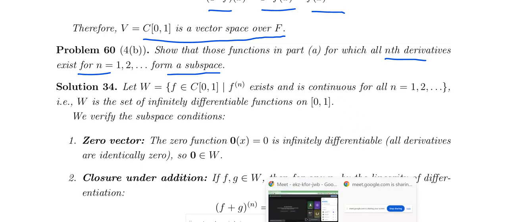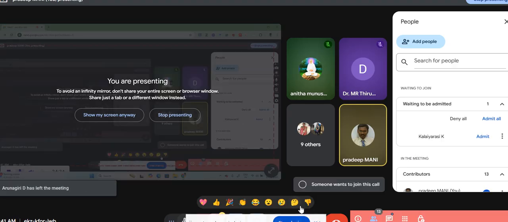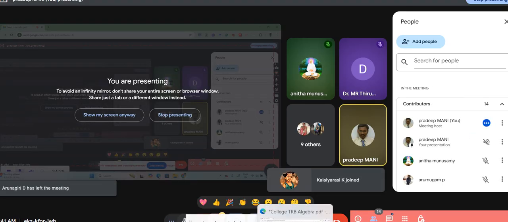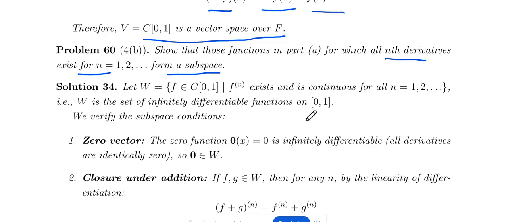How can we say it? W equals f belonging to C of 0, 1 such that the nth derivative of f exists and is continuous for all n equal to 1, 2, 3 and so on.